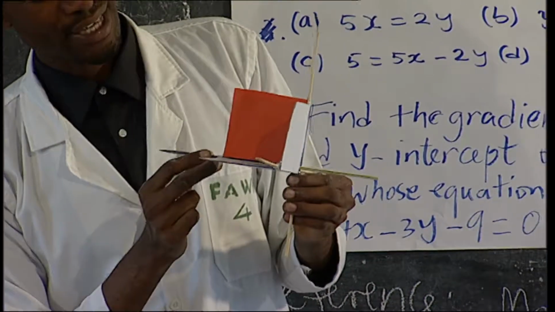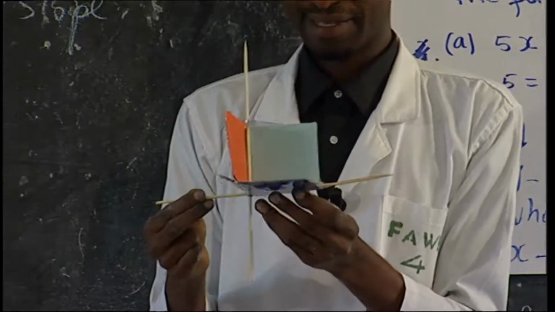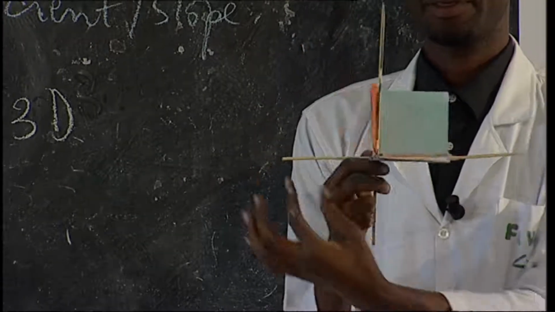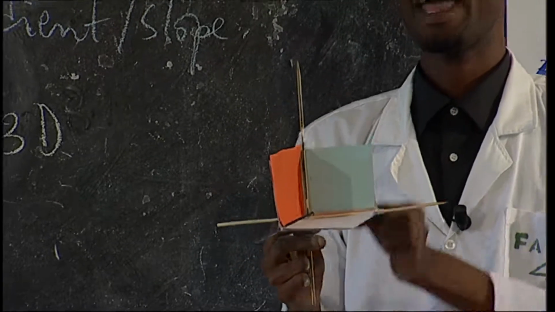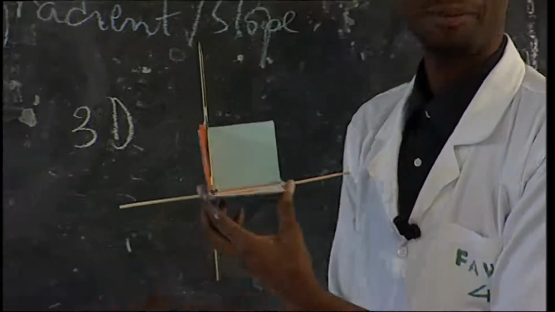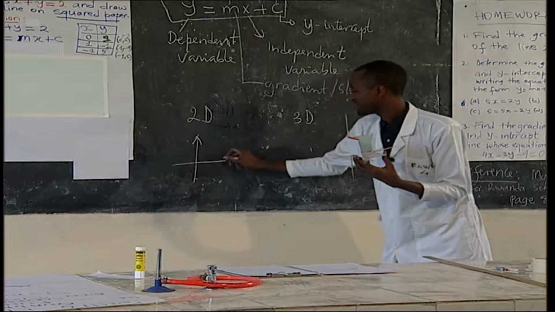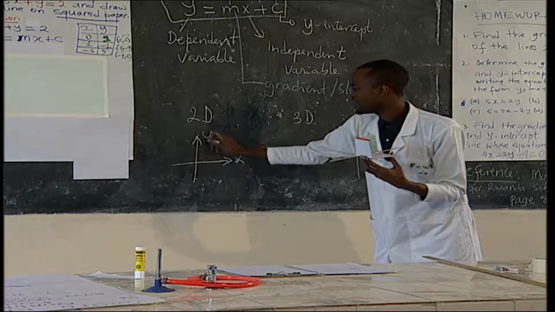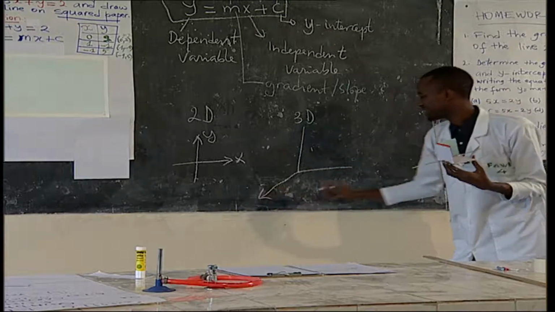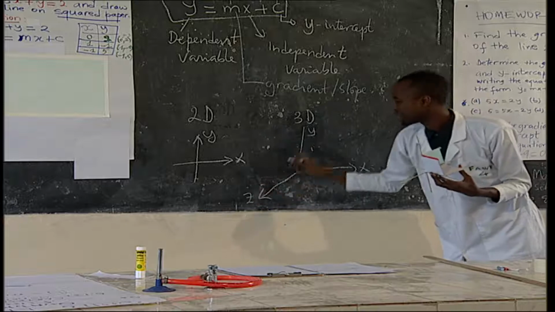As you can see here, I can call this one the x-axis, the y-axis, and the z-axis. We actually determine them on a blackboard like this. If I draw like this, it means this is the x and the y. But here, we will draw it like this: x, y, and z.